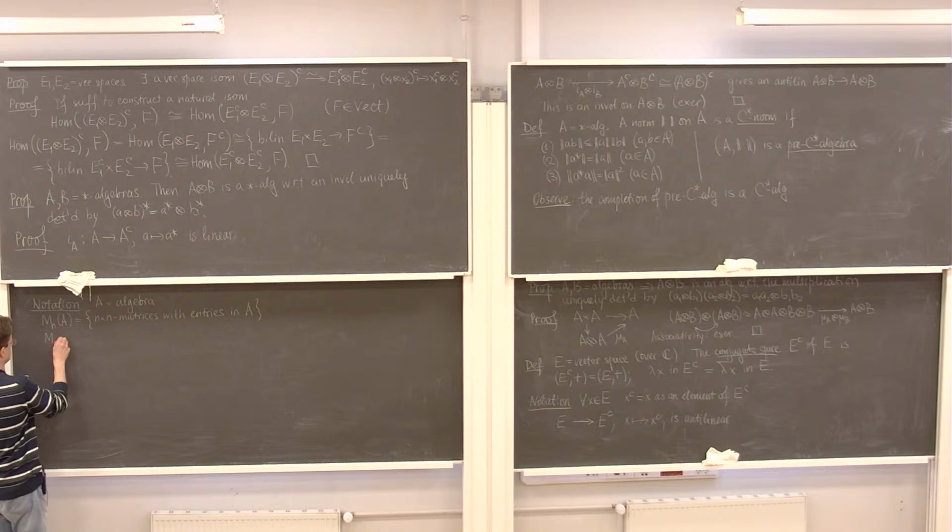If A is the field of complex numbers, then we just write Mn. So Mn is the algebra of all complex n by n matrices.